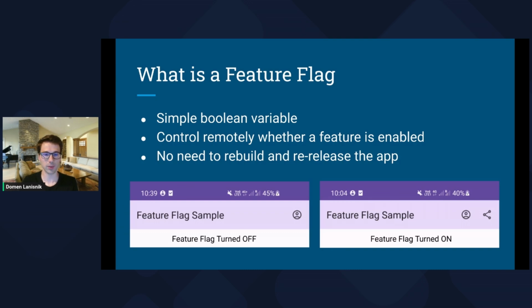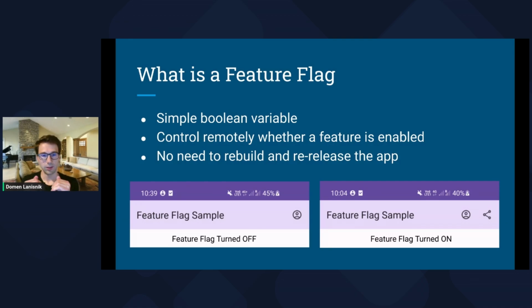Here is an example. Let's say we want to introduce a new feature to our app that enables the users to share some content from the app to some social apps like Facebook or Instagram. The entry point to that functionality would be in the top app bar, in the right corner.